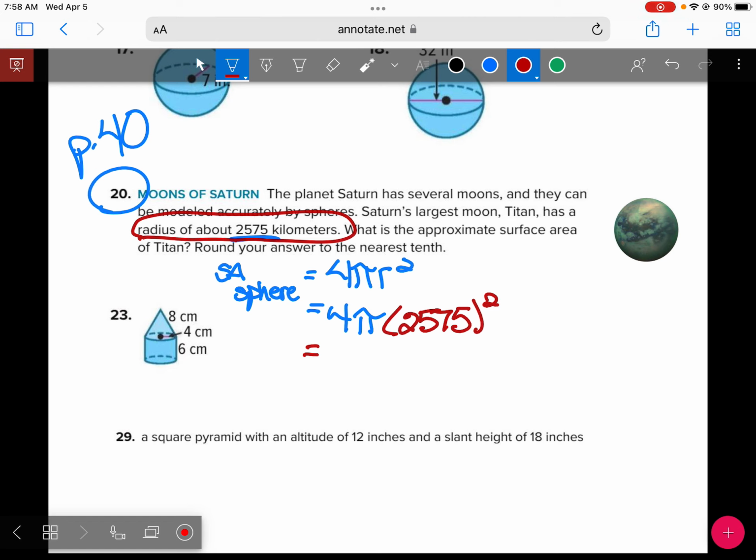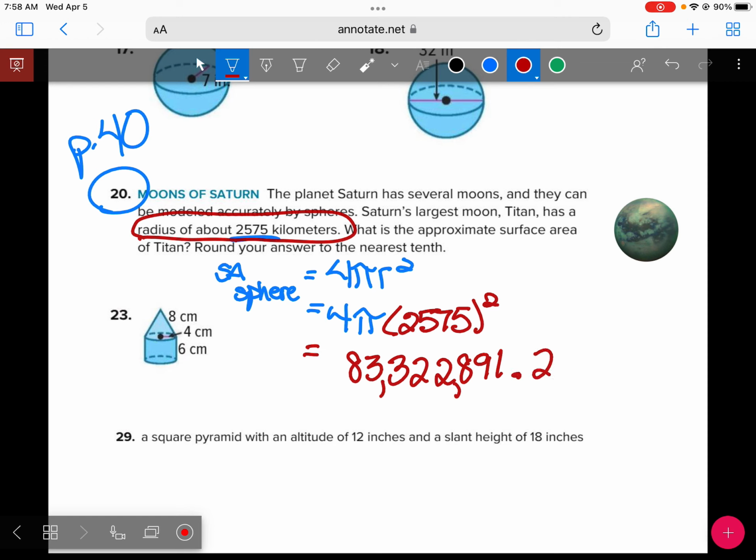Are you sure? 2575 squared times 4 times pi. I'm going to say 0.2.